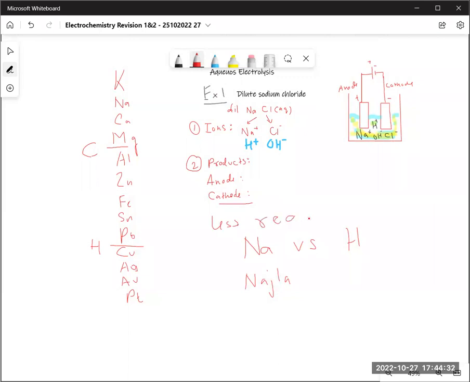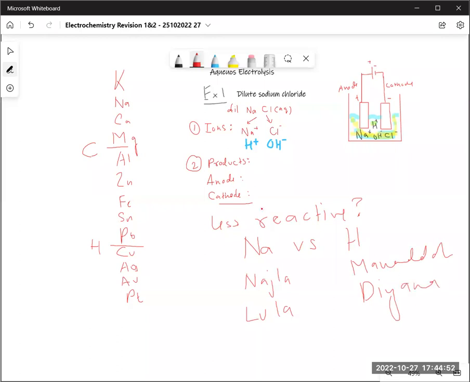Who says that hydrogen is less reactive? I would say sodium. All right. And Liana and Niranjana, what is less reactive? Hydrogen. Yes, hydrogen.